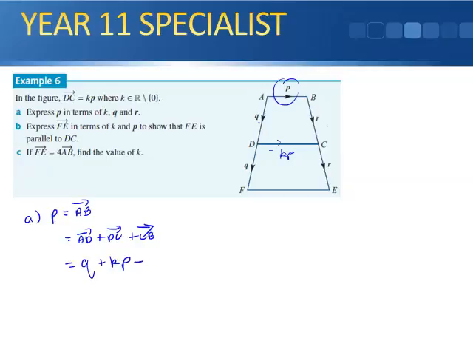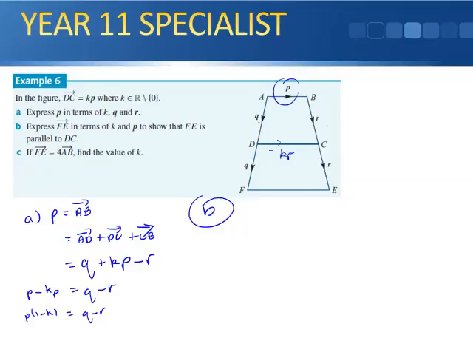And C to B is minus R, because it's got to go minus. Now I want P by itself, so that means I'm going to go P minus KP equals Q minus R. So P(1 minus K) equals Q minus R. I'll leave it like that because I've got P by itself just by dividing, won't really matter.